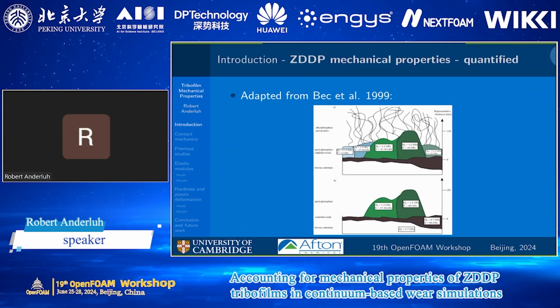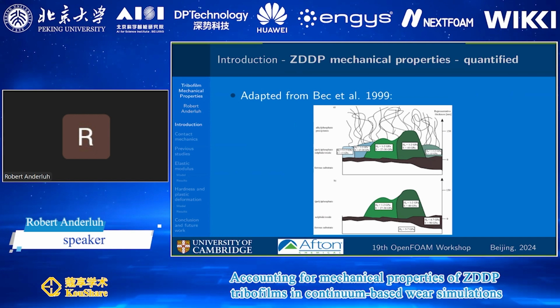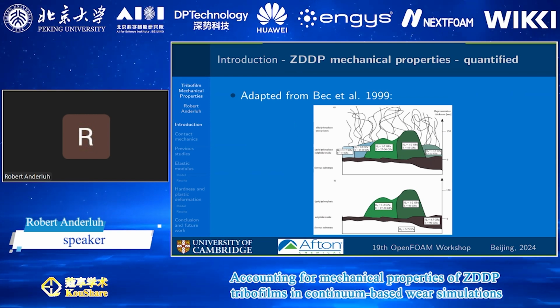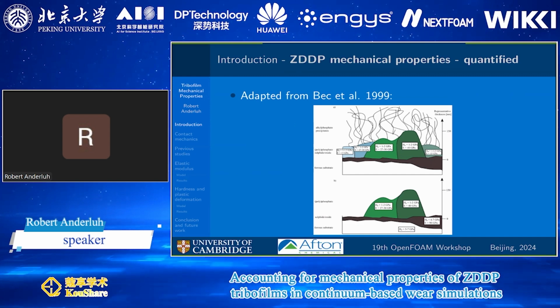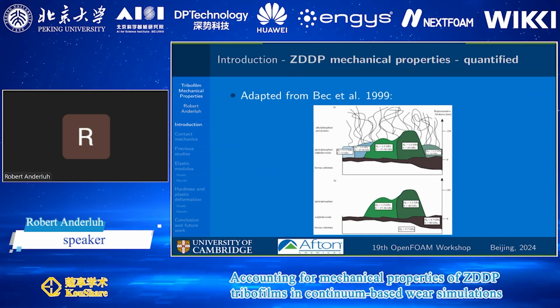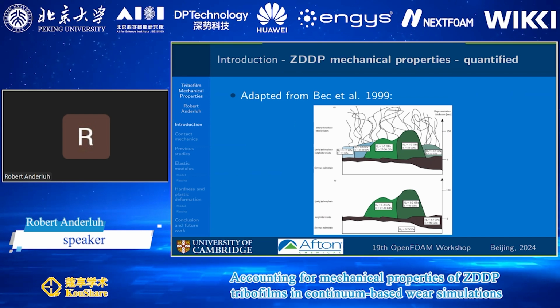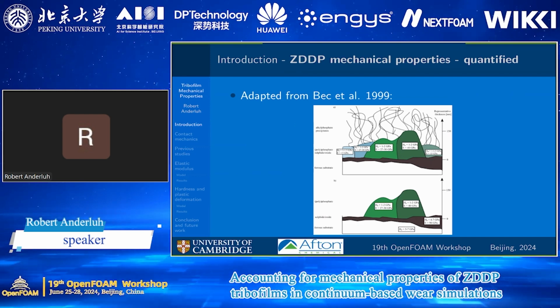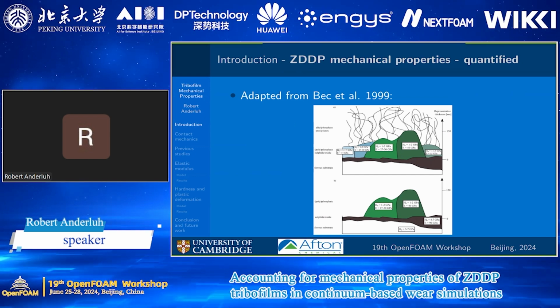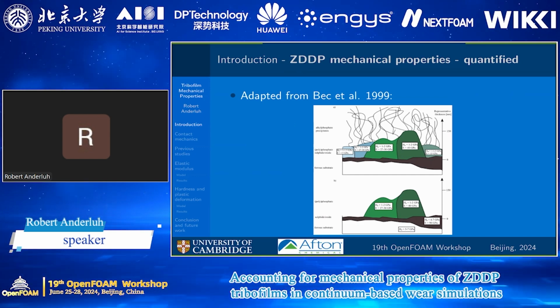Let's look at some of the values of the hardness and elastic modulus of the films themselves. For elastic modulus, steel usually has, depending on the steel, about 200 gigapascals. And these results say that for the film it is something like 15, maybe 40 gigapascals, maybe a bit more, depending on the measurement.